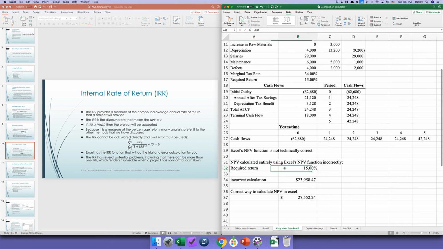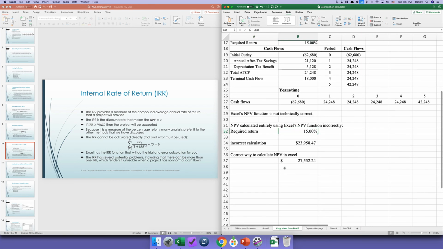Okay. So now if we use this, we calculate a net present value of 27,552. And I'm going to also remove this incorrect calculation example. So remember, calculate NPV by bringing future cash flows down to the present value and then subtracting out the initial investment.